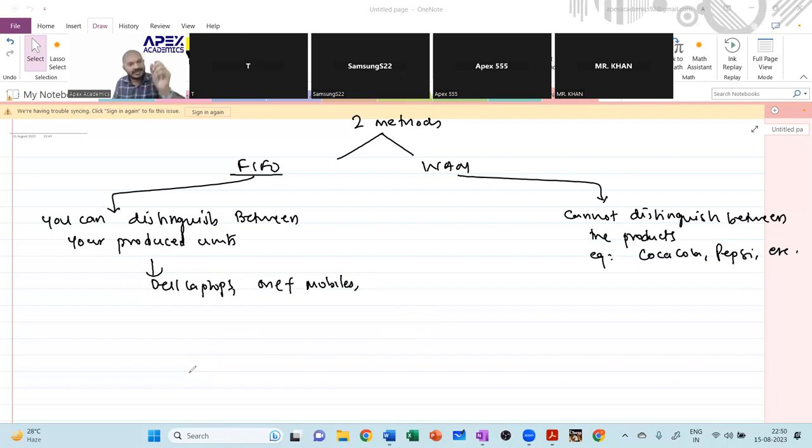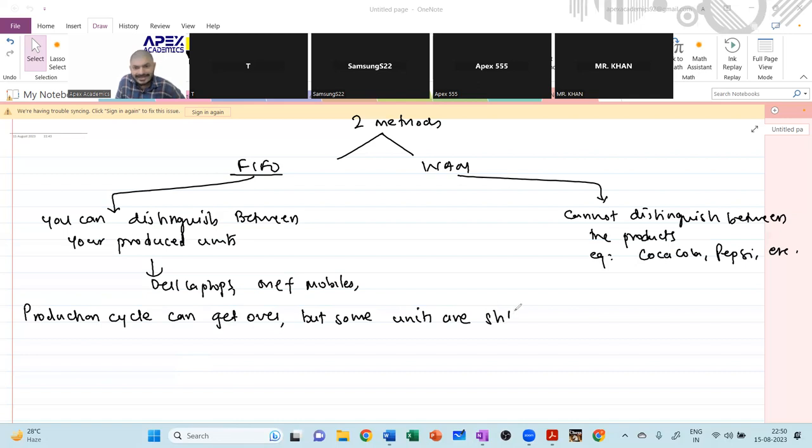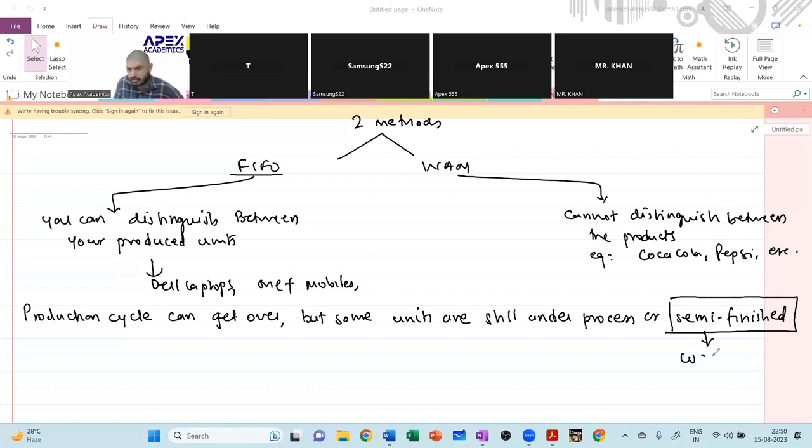The production cycle can get over, but some units are still under process, or I will use the word semi-finished. In the world of costing, semi-finished is called work in progress.